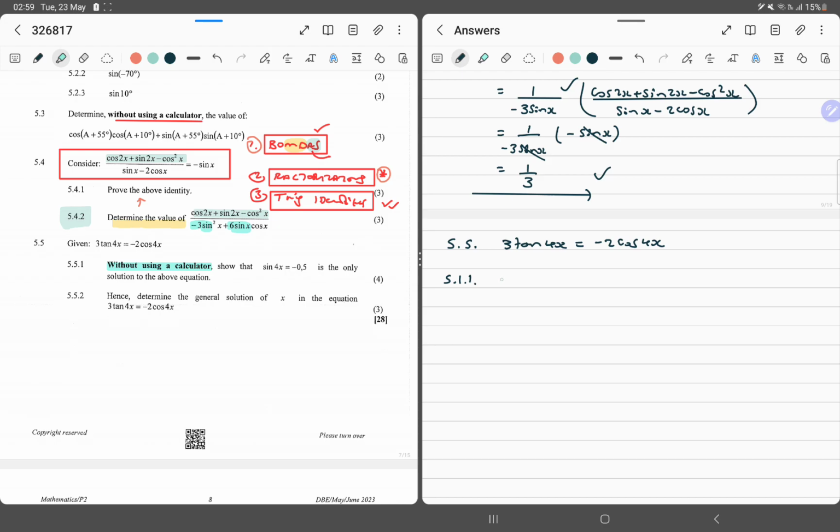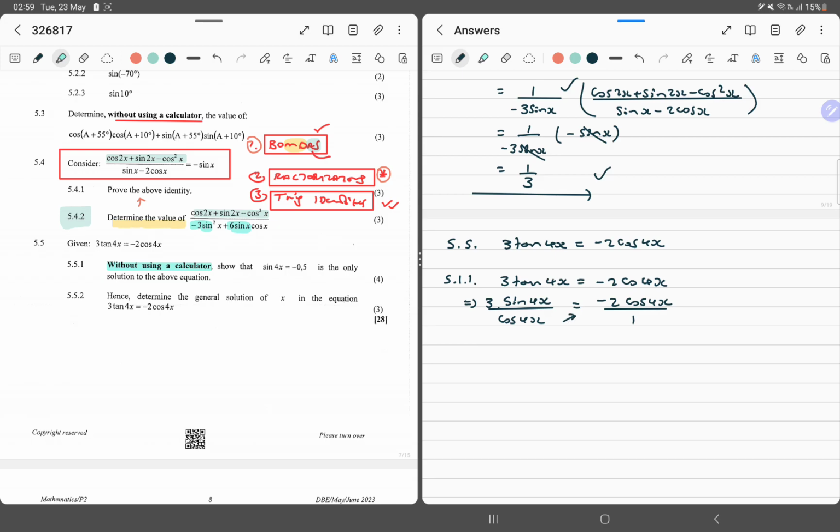So we've got here, okay, what do we do with a situation like this? We always use the tan identity. It's going to be 3 into sine 4x over cos 4x, equals minus 2 cos 4x over 1.